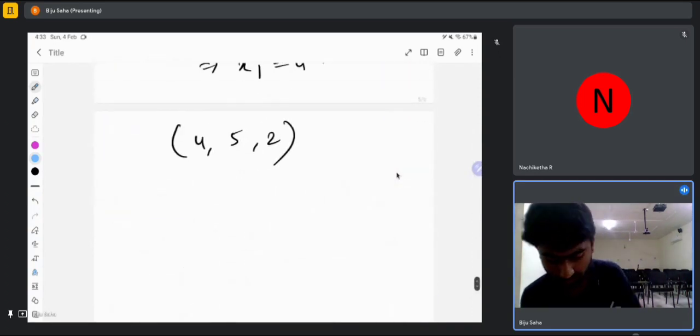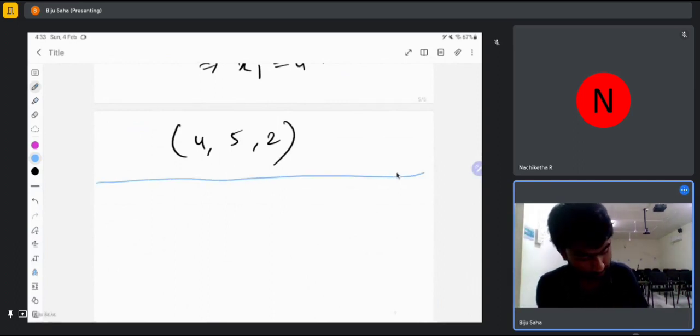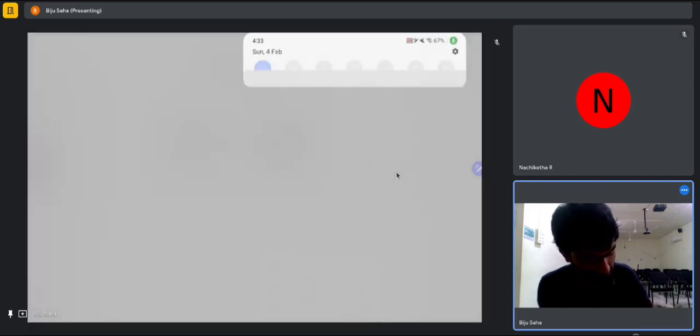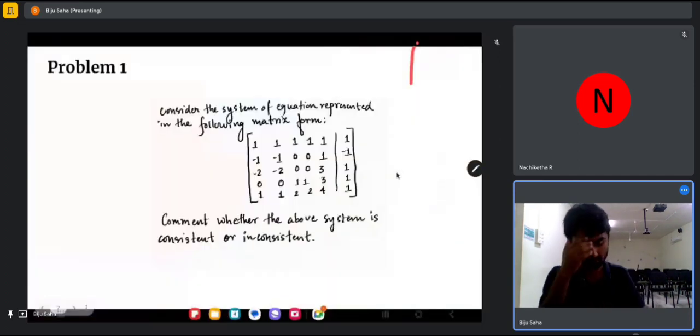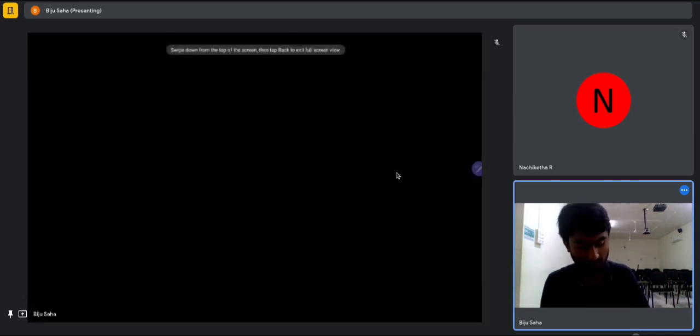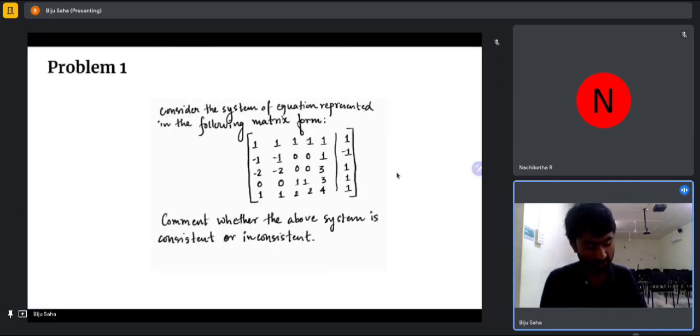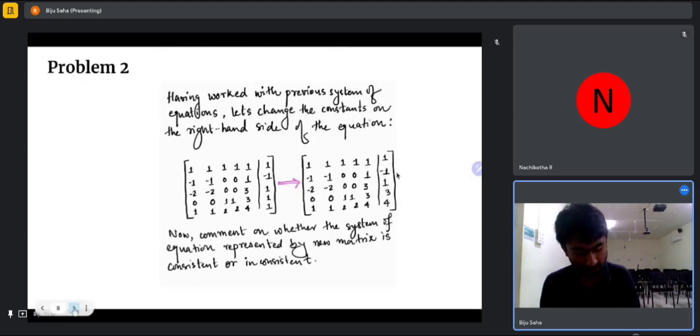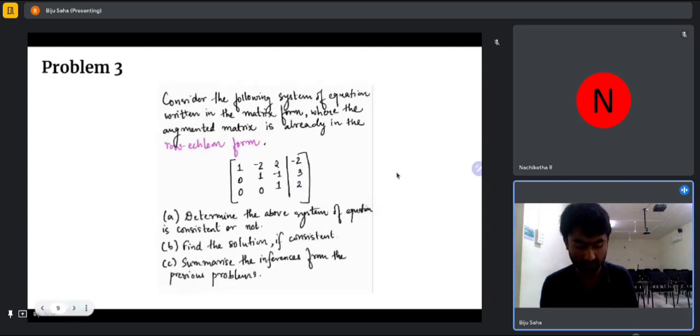Now let me move to the second class of problem. This was our problem 1, and this was problem 2, where I changed the values of the right hand side, and the system turned out to be consistent with infinite solutions. Then I presented another system of equations, with the augmented matrix already in row echelon form or row reduced form.